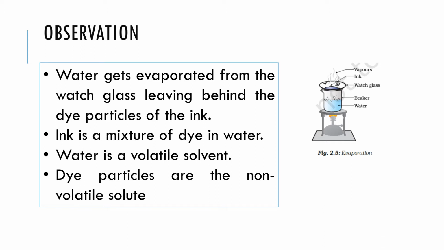Yes, there is a residue of dye particles on the watch glass. The third question, is ink a single substance, that is a pure substance, or is it a mixture? Yes, you are right. Ink is a mixture of dye in water. So we have separated the volatile component, that is the solvent, from its non-volatile solute by the method of evaporation.